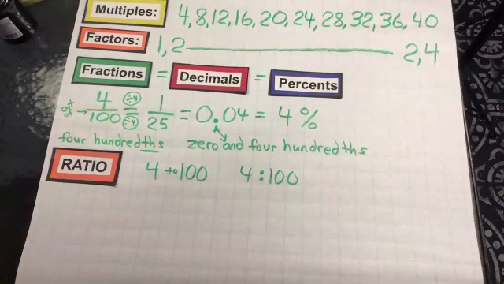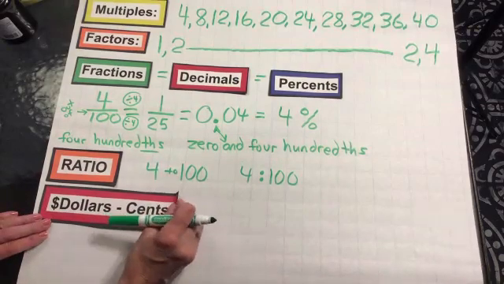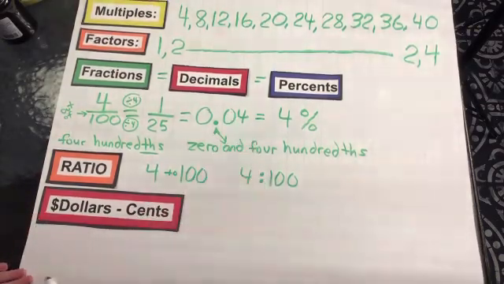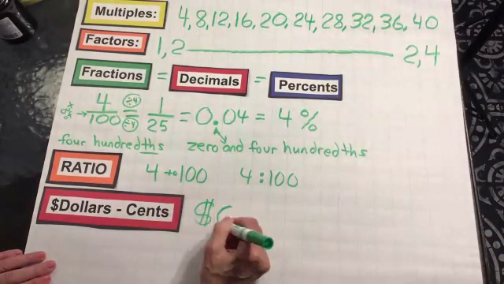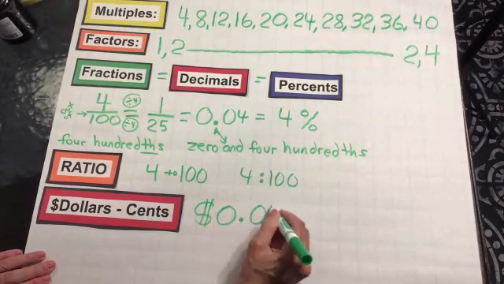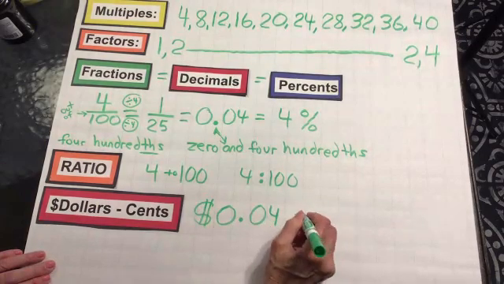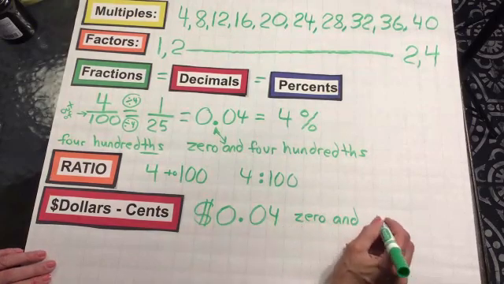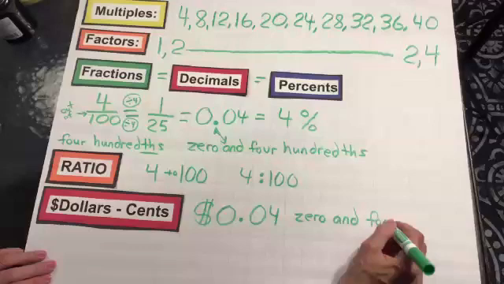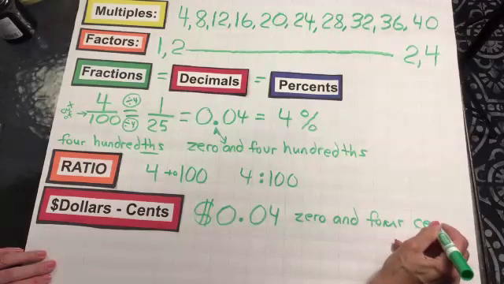Let's go on to the next one, dollars and cents. And we go back to our decimal to give us a little guide. So we're going to do the dollar sign, and it's 0 and 4 cents. And we can write that out, 0 and 4 cents.